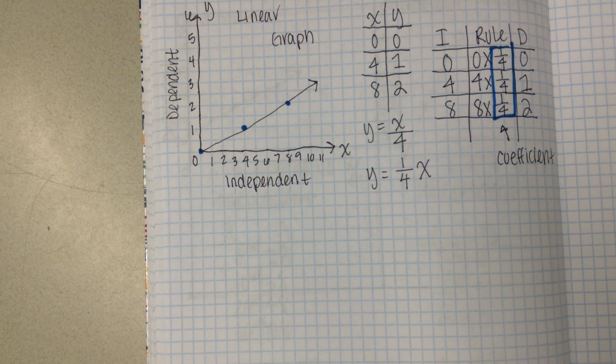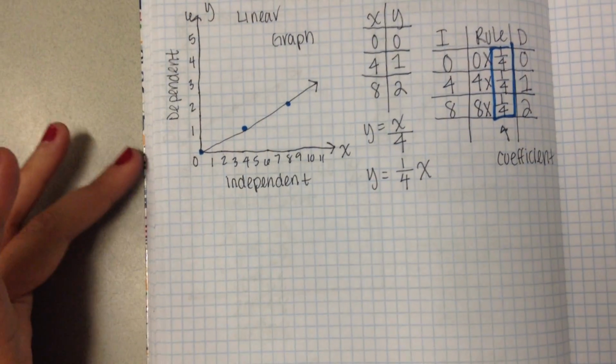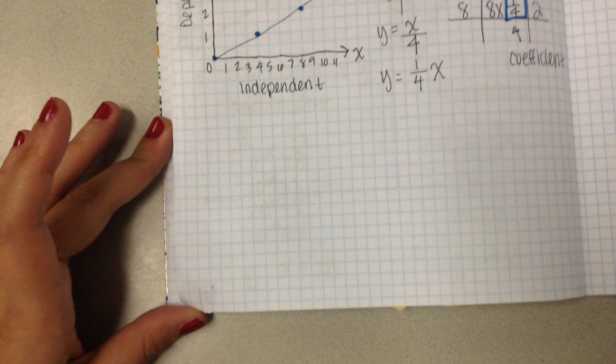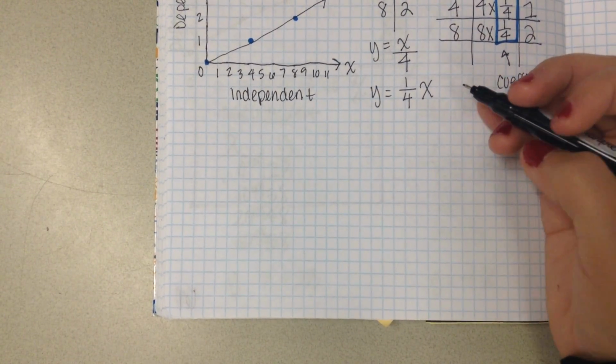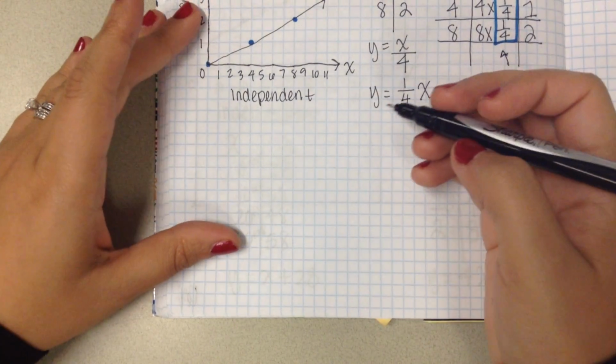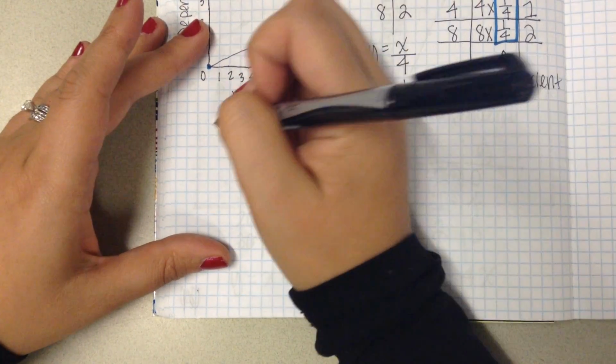Now, finally, the last thing we're going to be doing is combining multiplicative and additive. I have two tables.